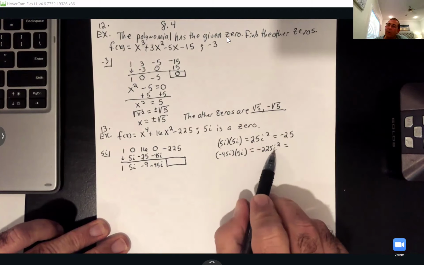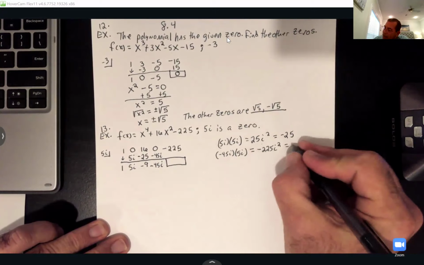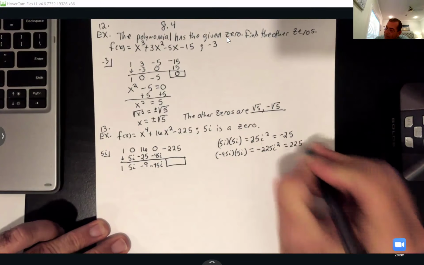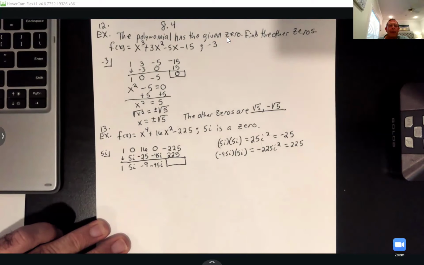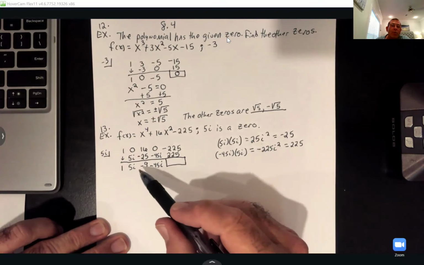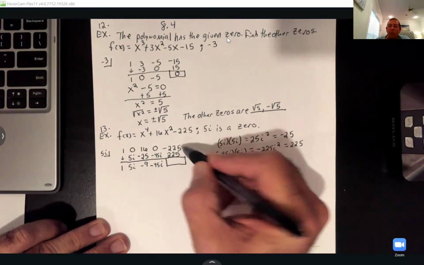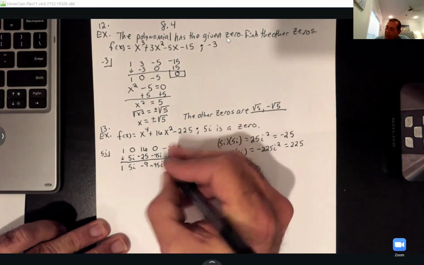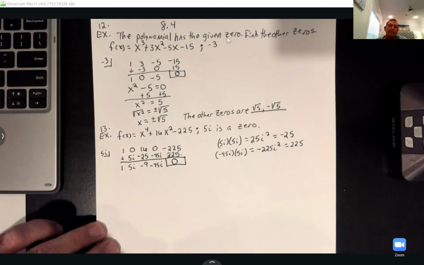But remember, i² equals negative 1, so that's going to make this a positive 225. And y'all, you can multiply the i stuff on your calculator, okay? But notice, negative 225 plus 225 gives me a 0 remainder.